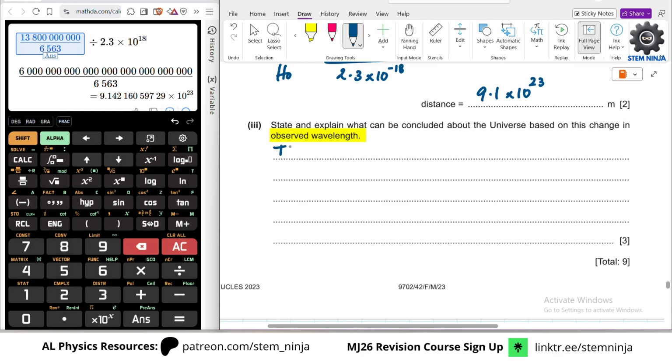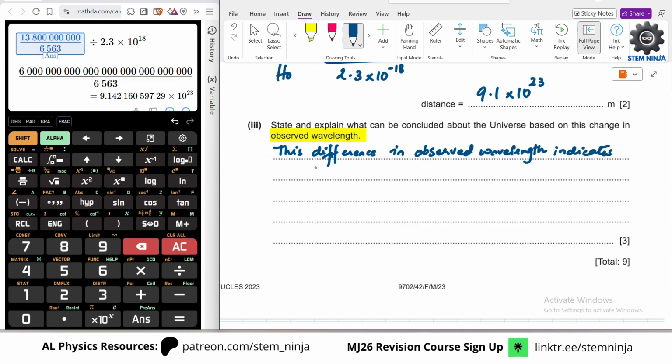So we can say that this difference in observed wavelength indicates redshift due to the star or the galaxy moving away from the Earth.